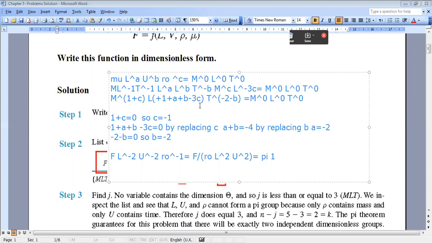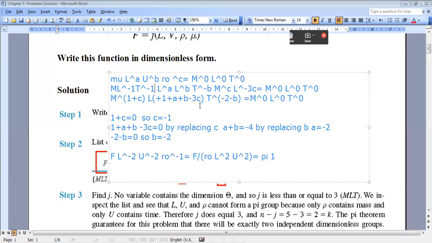If I find them, I say then J is equal to 3 and the number of groups is 5 minus 3, equal to 2. I choose 3 variables and I combine them with the 2 others to form 2 groups. We will see in another problem, which we will do later, that sometimes J is smaller than the number of dimensions in the problem.